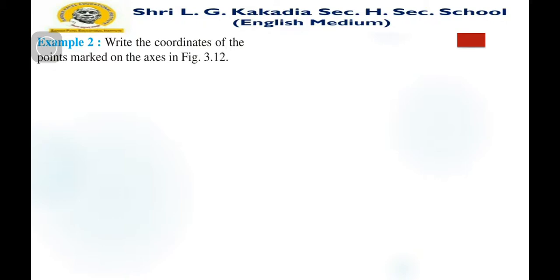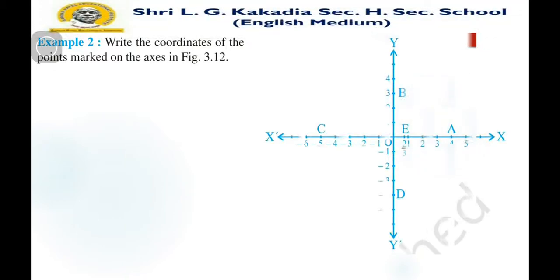So here we take one given graph, as you can see here. Now we want to denote the coordinates of all the points. About A, you can see that A is lying on the x-axis. So the distance from the y-axis on the x-axis is 4, which means its x coordinate is 4.